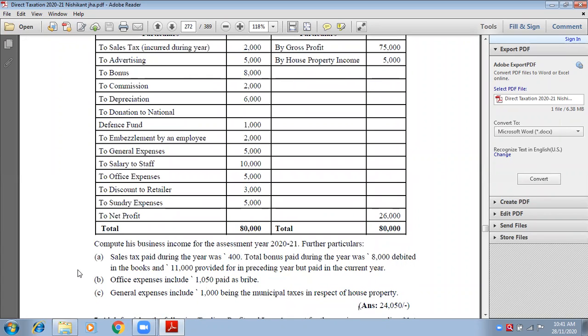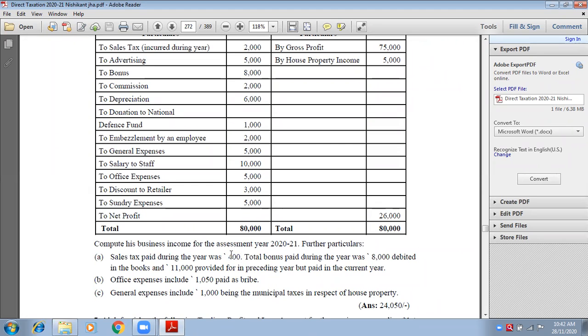Many students have a habit. The amount which is there in the adjustment, we always disallow that, no? Usually we disallow that amount. But right now, please read the adjustment very carefully. The adjustment says sales tax was paid 400. The amount which is paid will be allowable, will be okay.